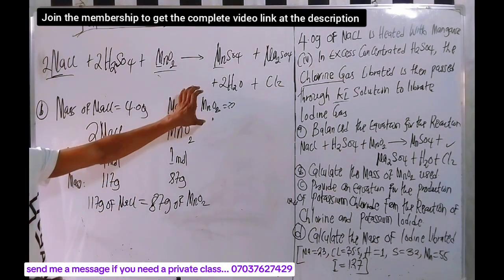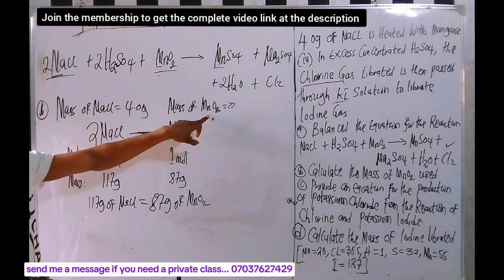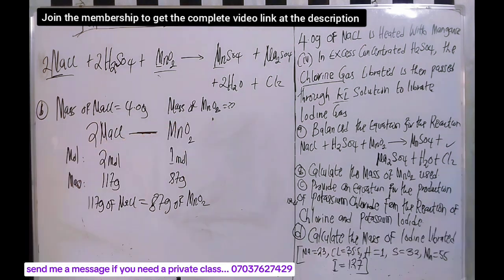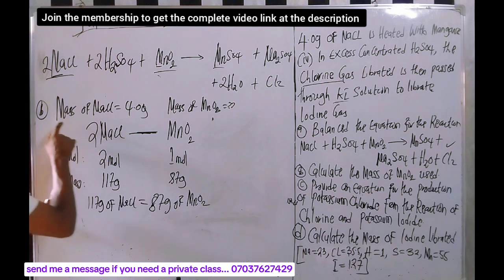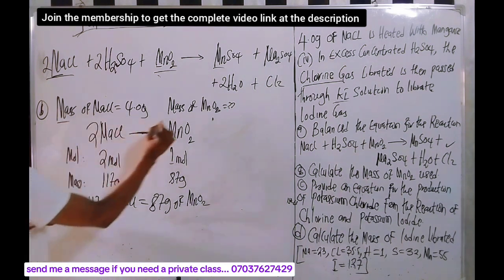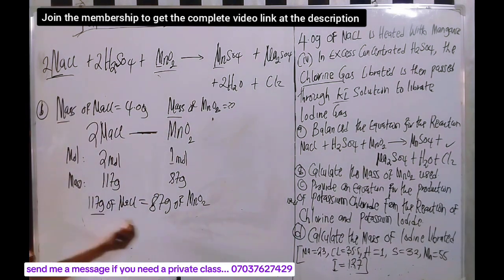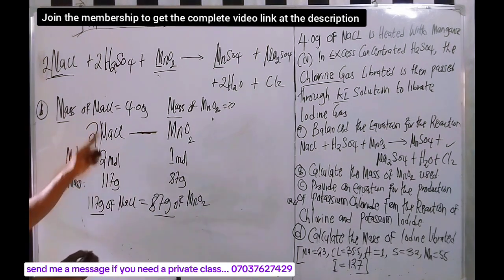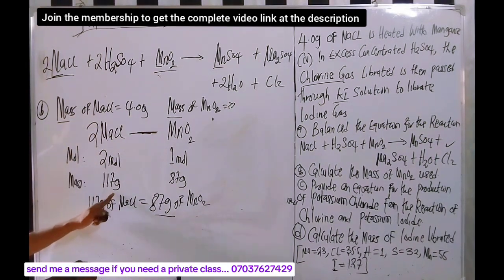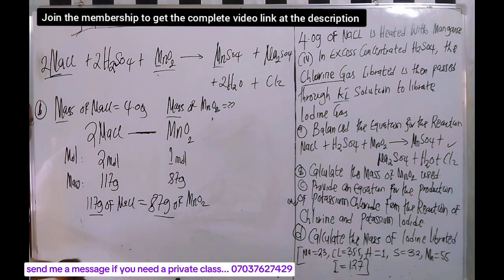Remember, we have been asked to calculate the mass of manganese(IV) oxide. Because it's a mass to mass relationship, we say gram and gram. The mass of NaCl is 117 gram, while the mass of this one is 87 gram. Do you see that?